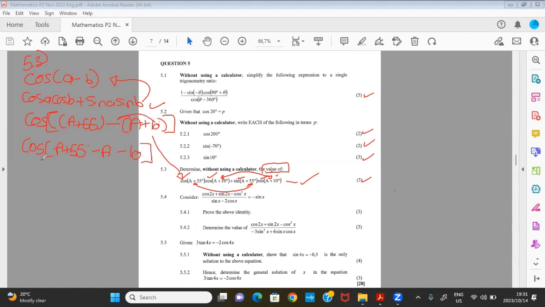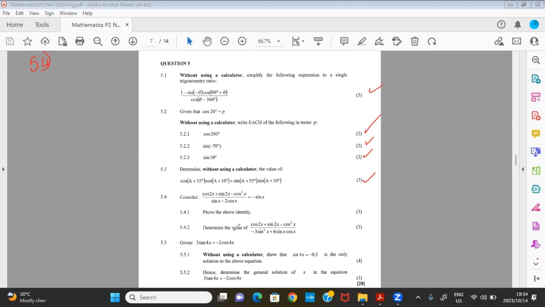So the A's cancel each other out, and I'm going to have cos of 55 minus 10, which is just cos of 45. That's a special angle, and cos of 45 is root 2 over 2, or 1 over root 2.